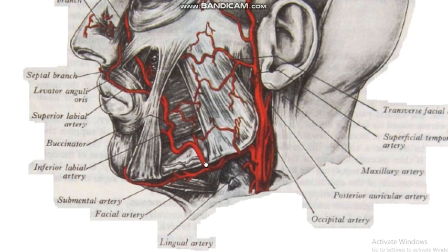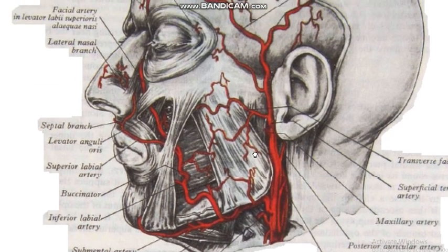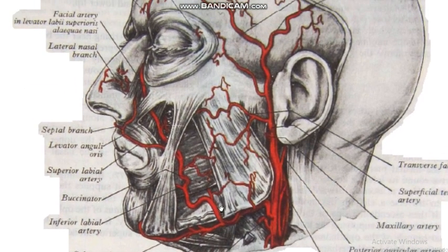Now at the anterior border of the masseter, where the facial artery enters the face, here by clenching the jaw and making the masseter prominent just at the anterior edge of the masseter, you can feel the pulsation of the facial artery. Now just behind the facial artery you also have the facial vein. The facial vein pursues a rather straight course.